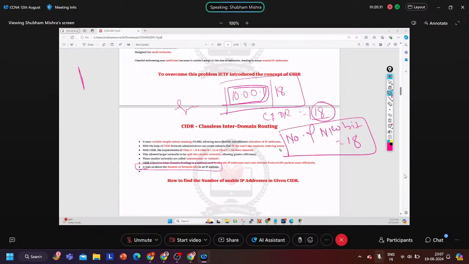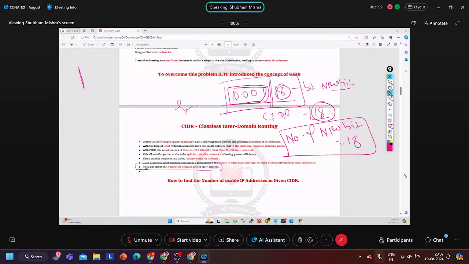Clear, everyone? Anyone who does not understand? Again, I am telling you, the CIDR value tells us the number of network bits in an IP address. So if we have an IP address like this, it means the CIDR value is /18, which means 18 bits are network bits. Clear?